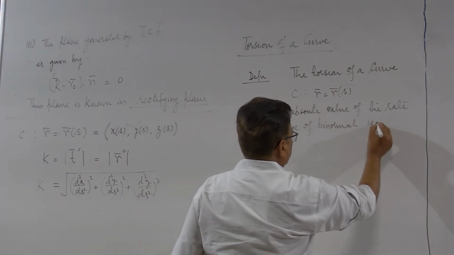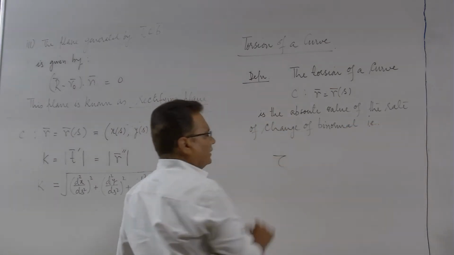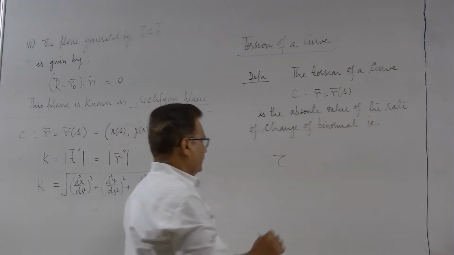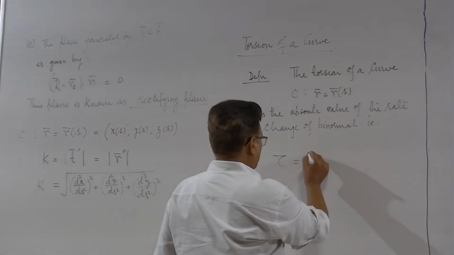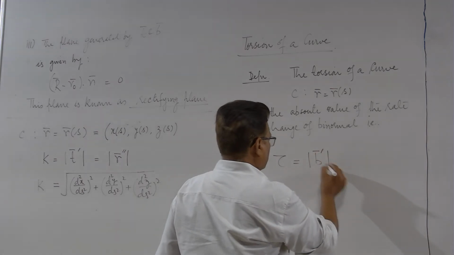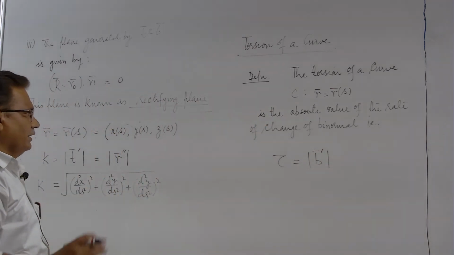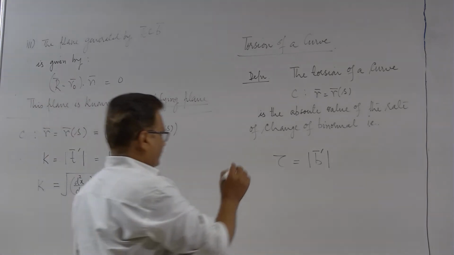Let me denote the torsion by the symbol tau. So, this is the absolute value of the change in B. The derivative of B with respect to s is denoted by B dash. So, this is our definition to begin with.